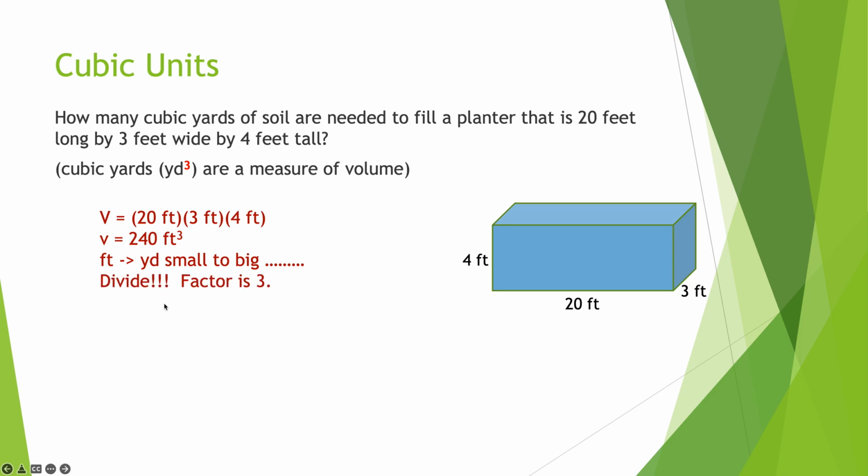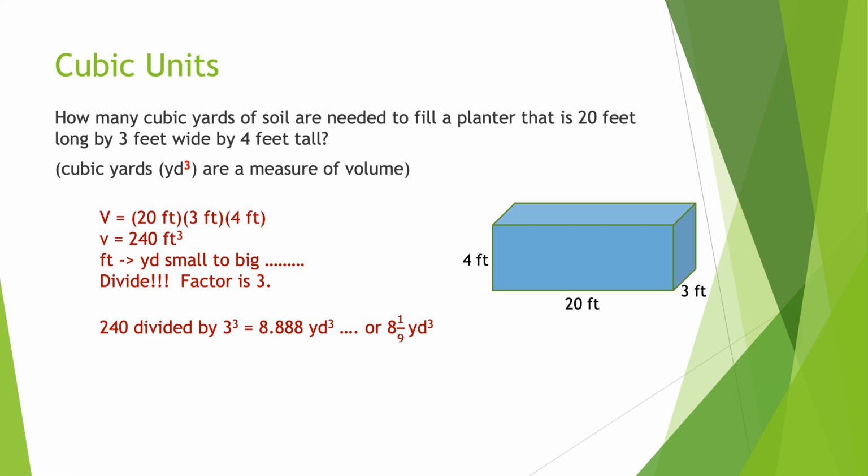So therefore, I'm going to divide, and the factor, of course, is 3. However, the factor of 3 has to be cubed this time because I'm doing feet by feet by feet, which means I have to use factor 3 times. So we're going to divide by 27, which gives me 8.8 repeating, or 8 1/9 of a yard, or yard cubed.